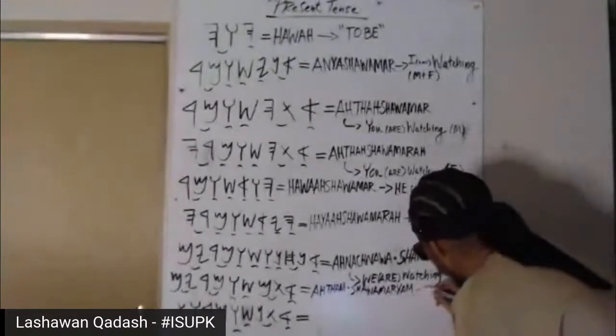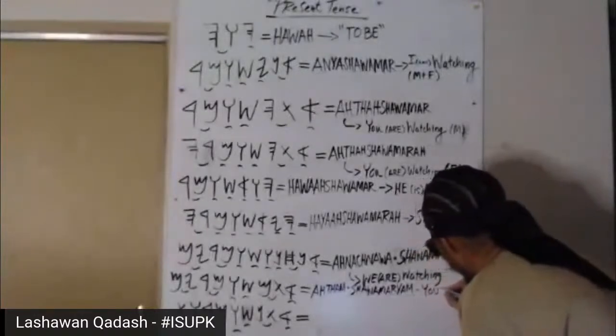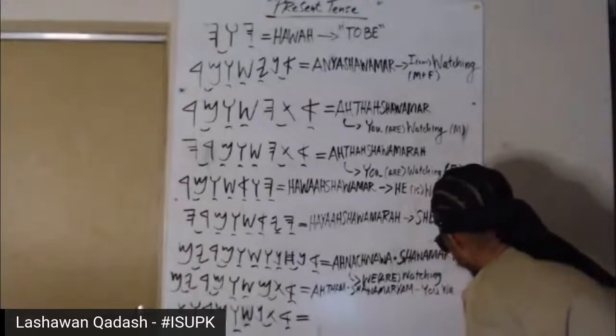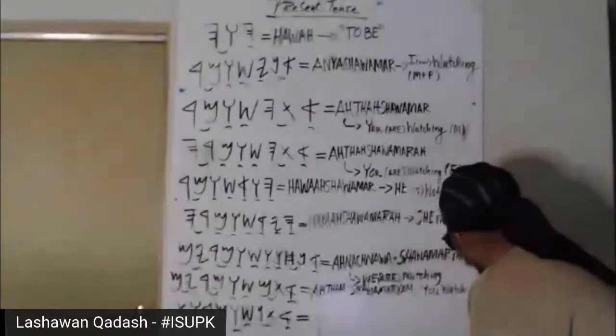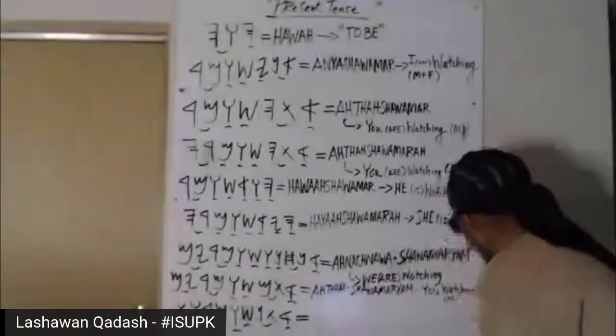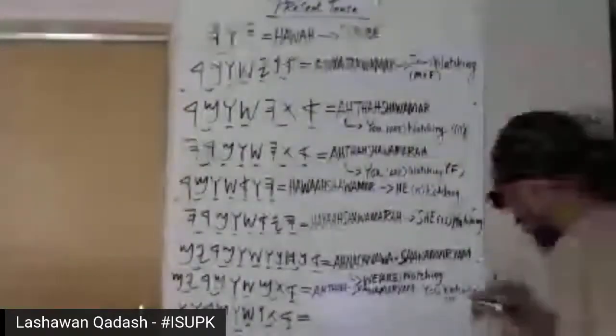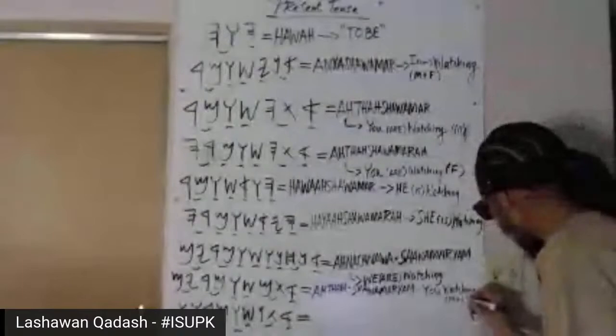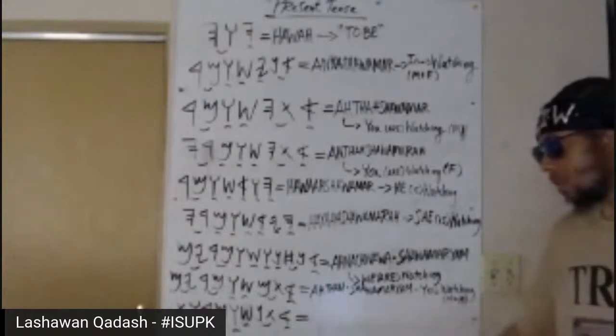So, you watching, but it is masculine. And also, too, it is plural. Well, M plus the PL, masculine and plural. So since we got the male version, the female version is going to be next.